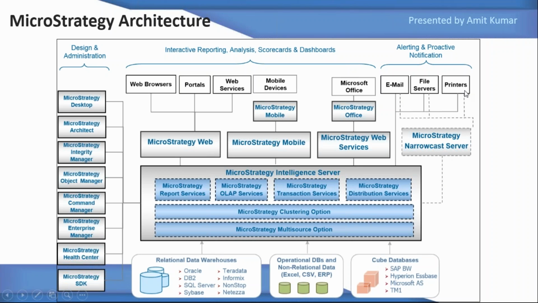It will send prints to the printer server. It will send files to n number of users. So this server is used to propagate the information to a group of users.